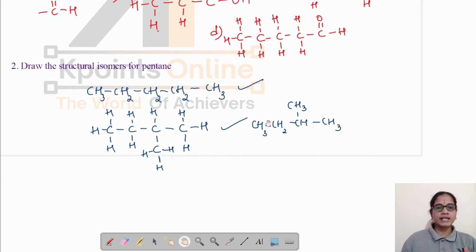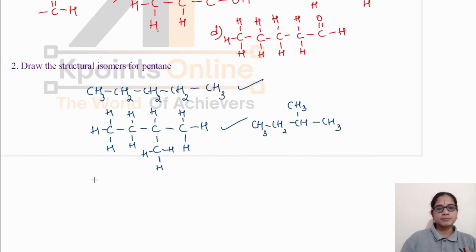Also, you can write the compound by writing the carbon atoms in a chain, that is 3 carbon atoms in a chain and 2 carbon atoms like this. This is also a pentane because it has the same molecular formula as this one. Satisfy the remaining valency of carbon. Already this carbon's valency is satisfied, so no need to write hydrogen here.